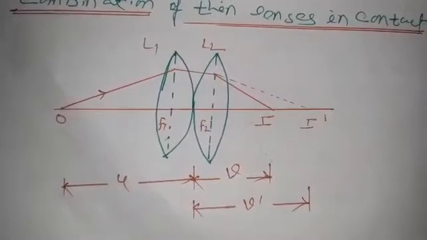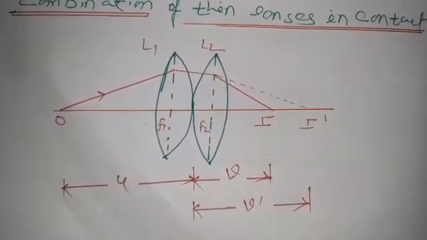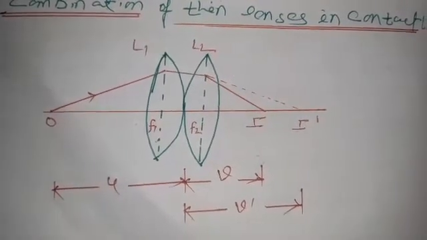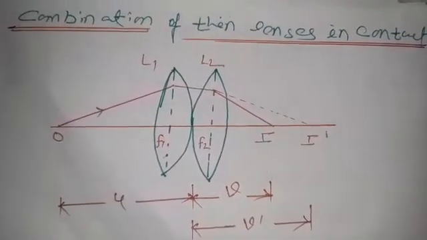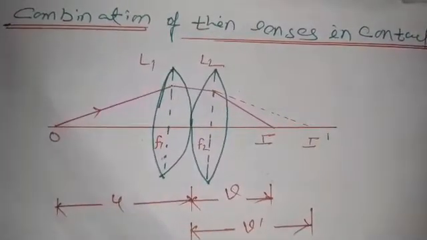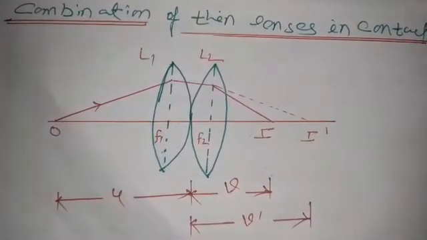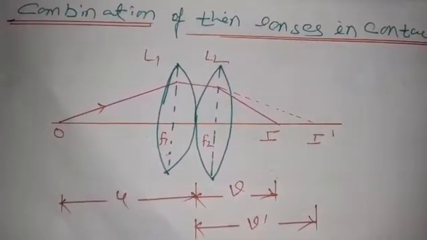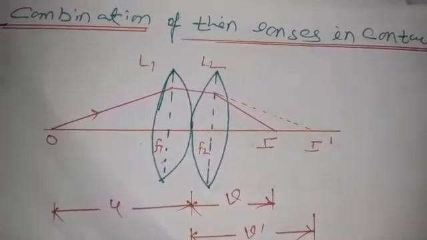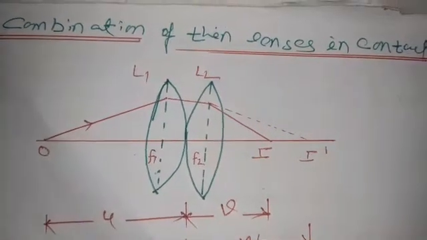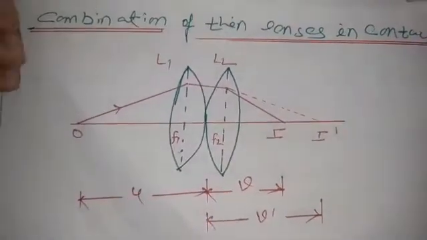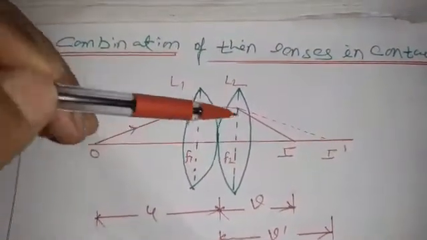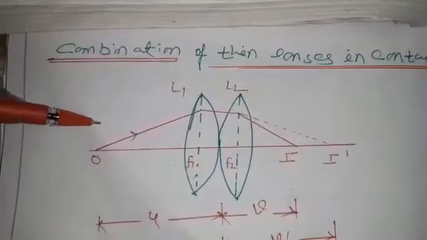The first lens produces an image, that is I dash, which is the virtual image and serves as a virtual object for the second lens L2, producing the final image at I. You can see in the figure L1, L2, the focal lengths are f1 and f2 respectively. This will be your point object.